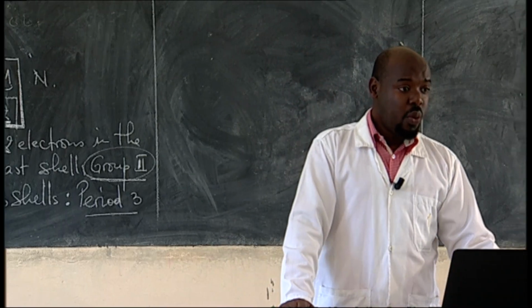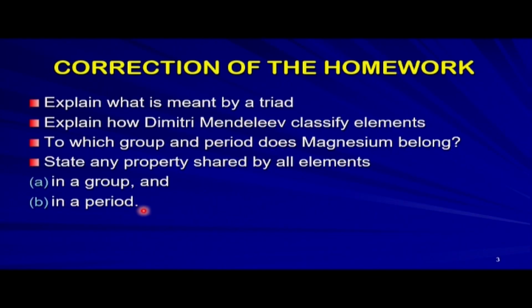And in a period, what do they share? Remember, they have the same number of electronic shells. That is what we have said in the answer to this third question. So in a group, all elements have the same number of valence electrons, and in a period, they have the same number of electronic shells.